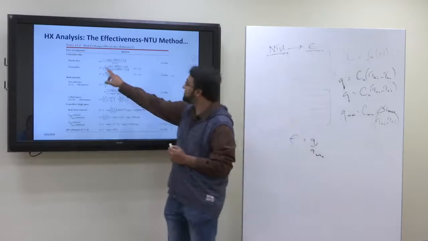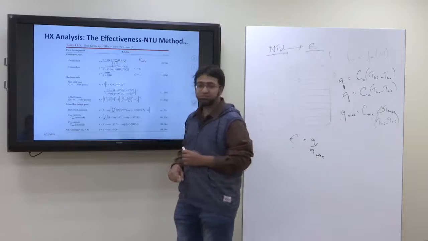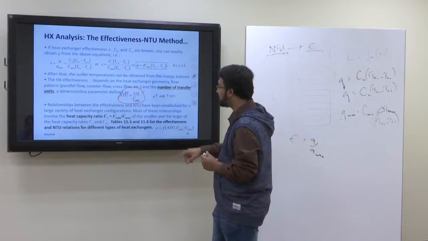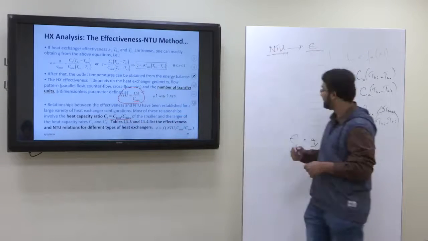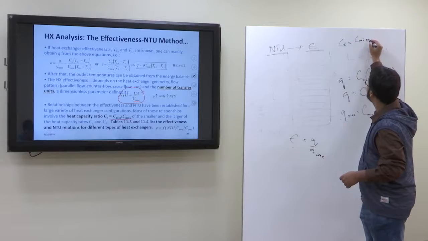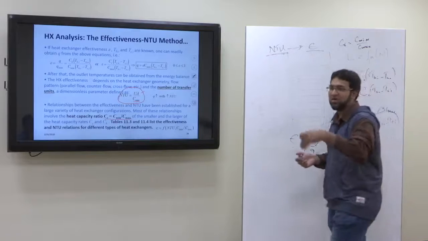So effectiveness is a function of NTU and CR. CR is what? Heat capacity ratio. So heat capacity ratio, CR, is equal to C minimum over C maximum. Obviously, you have two C's here. One is minimum, the other will be maximum.